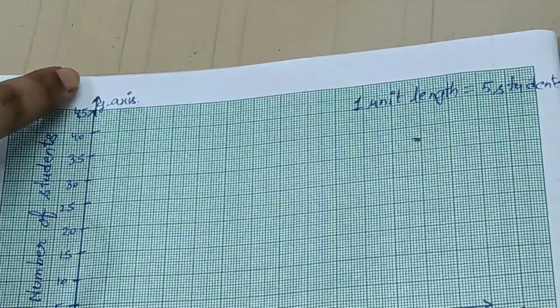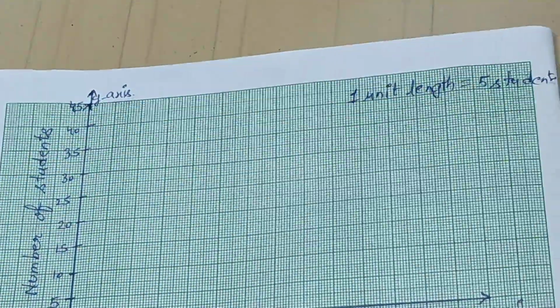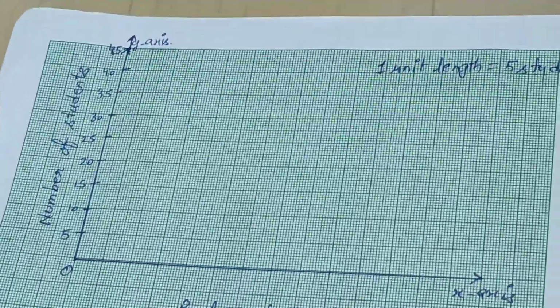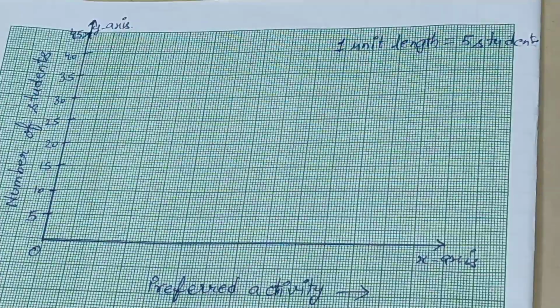You can extend the y-axis as this is the last of the graph bar. So this is how we are going to mention our data on graph paper.